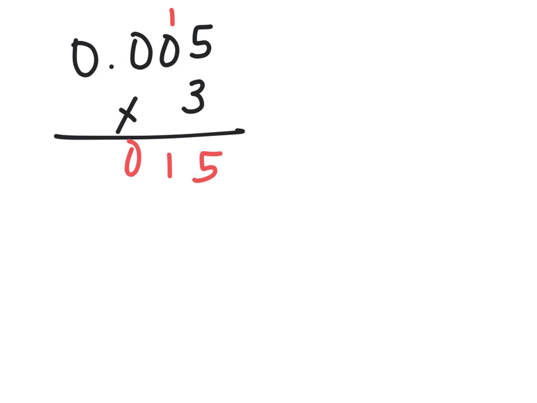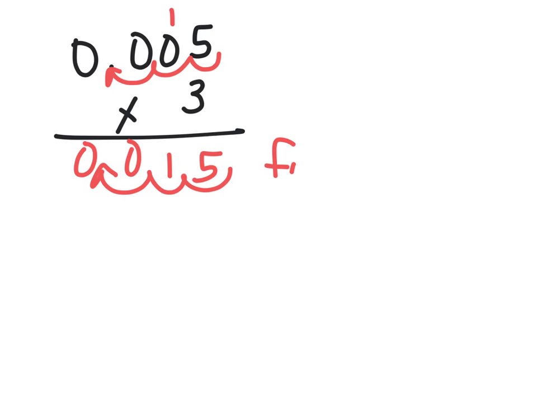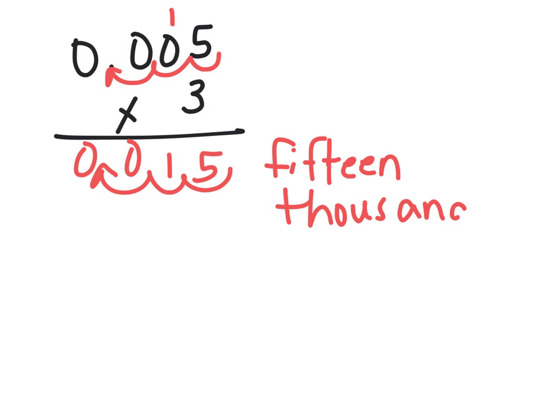We have a 0, and we have a 0. We know we have 1, 2, 3 decimal places. And our answer is 15 thousandths. It's thousandths because we have 3 decimal places.